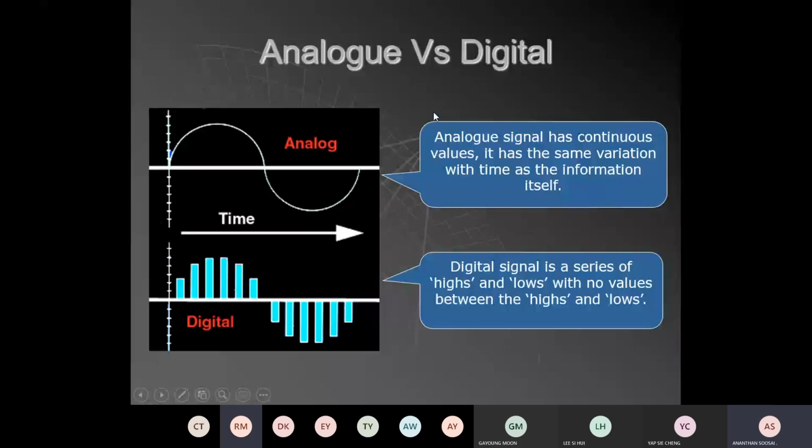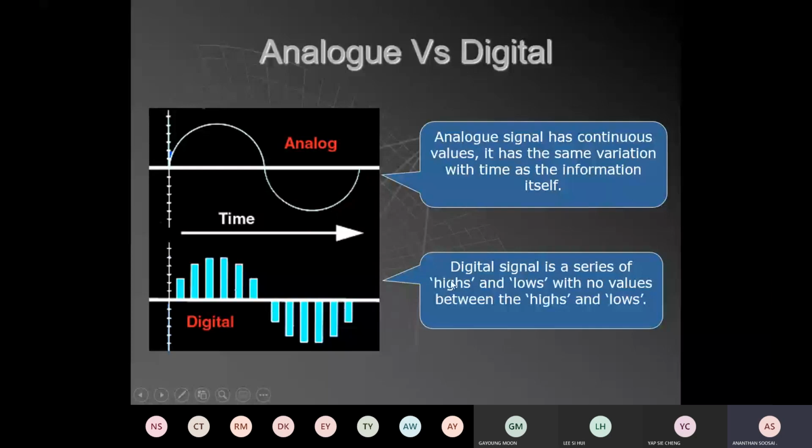Okay, good. So that day I introduced you to analog and digital. What is analog? A signal where the voltage value varies continuously with time. Digital is a series of high and low values, discrete values.